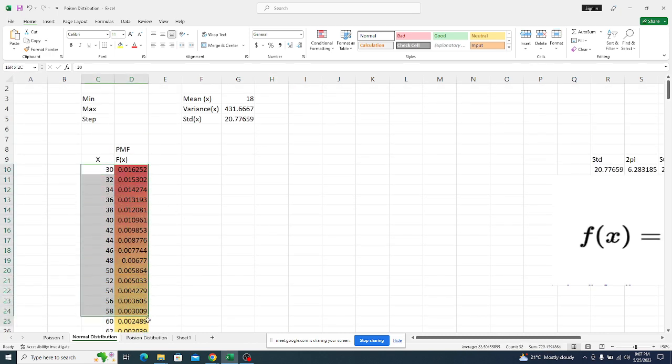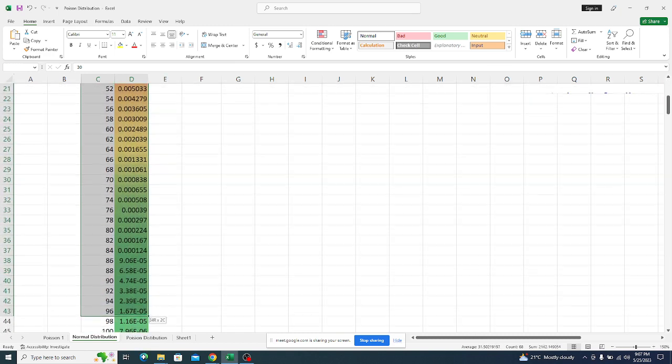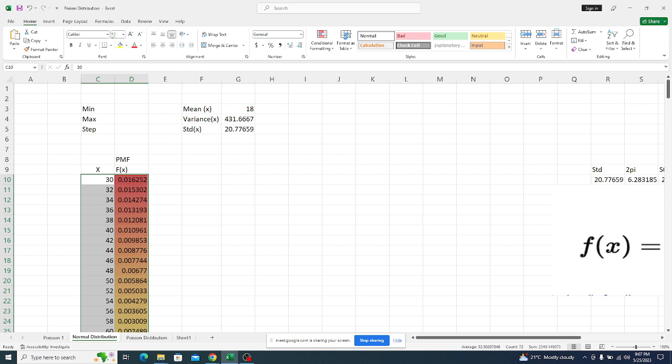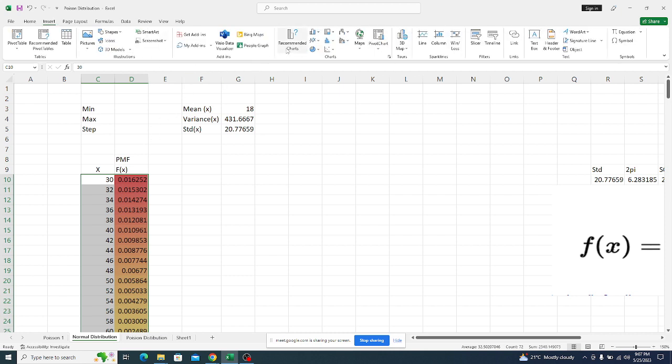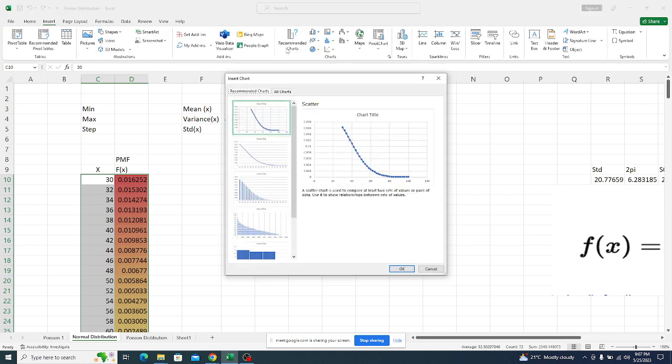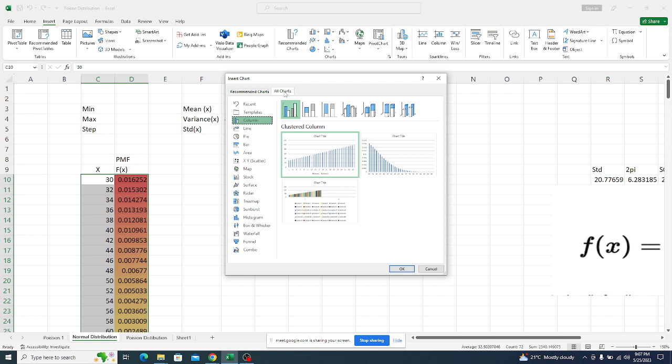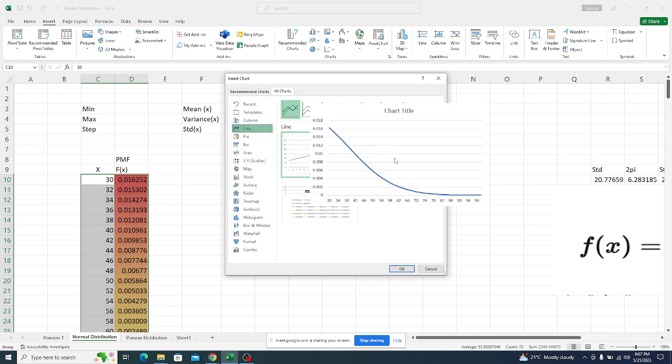So to do that, I'm going to highlight all this and then go to insert. I'll choose a recommended graph, and since it is a normal distribution, I'll go with a line graph.